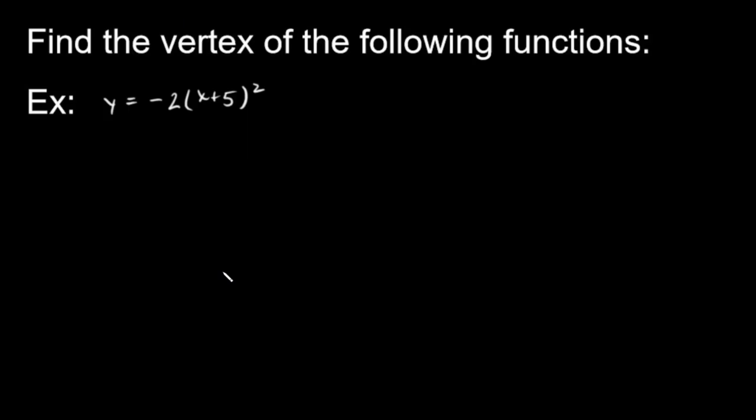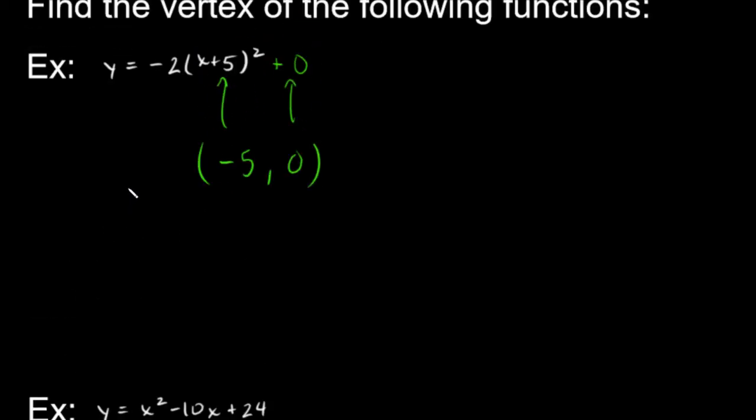What is the vertex? It's the opposite of this number, comma, whatever number is over here. And technically there's like a plus 0 here since you don't see it. So it's negative 5, comma 0. There's your vertex. Opposite of this number, comma, whatever number is here, which is 0.